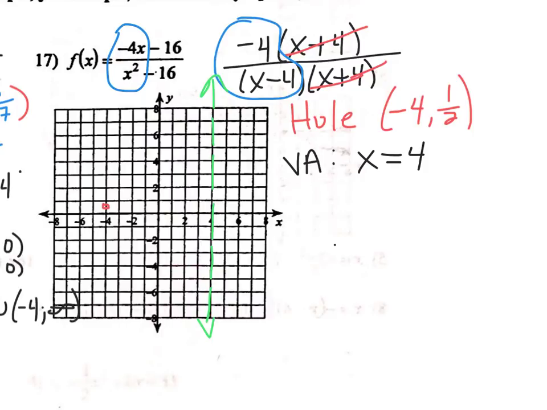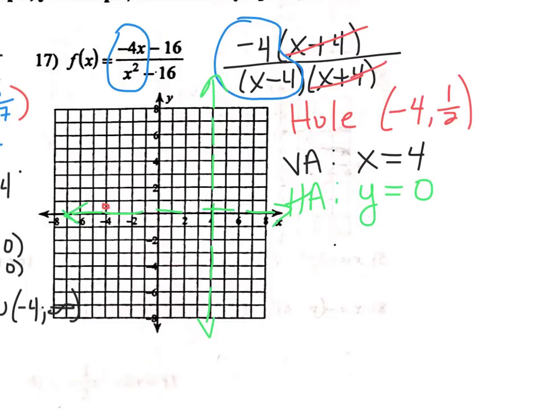So I'm using my Bobo Botten. Bobo, bigger on the bottom, O, or 0. So horizontal asymptote, y equals 0. That's going to be right here.